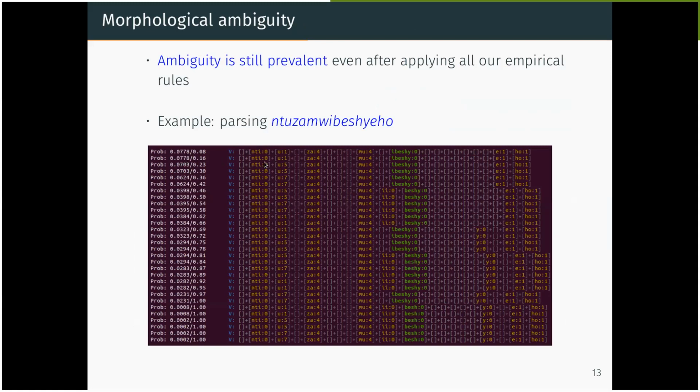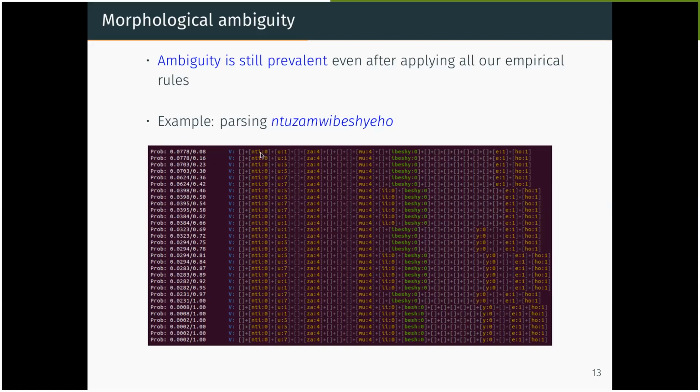So for example, this one is very ambiguous. The one on the top is very, very probable. It's sorted by the probability that's assigned by the morphological analyzer. So this one means: me, a negation; u, meaning you; za, meaning in the future; mu, meaning the object; ibesha, so kwibesha, to err, to make a mistake; e as the aspect, I mean the suffix; and then ho as a location, or ho can mean different things.